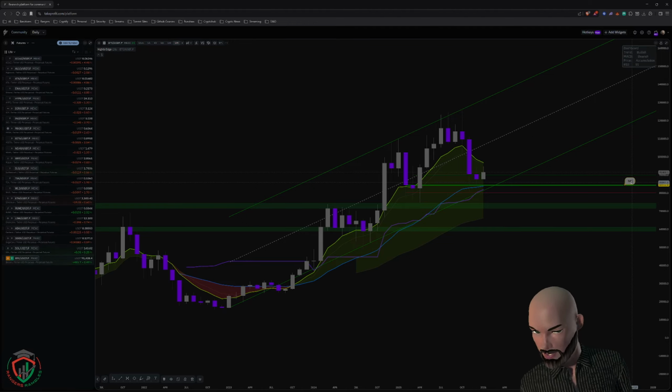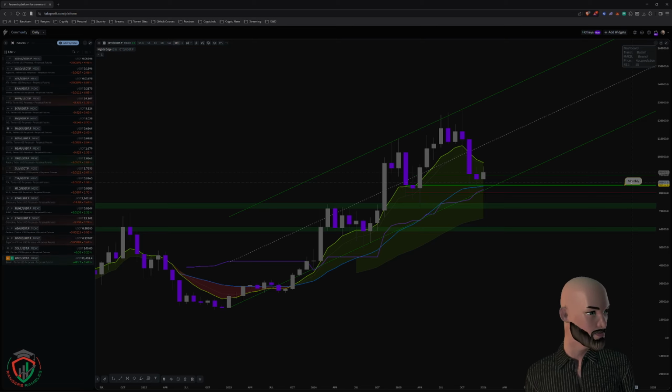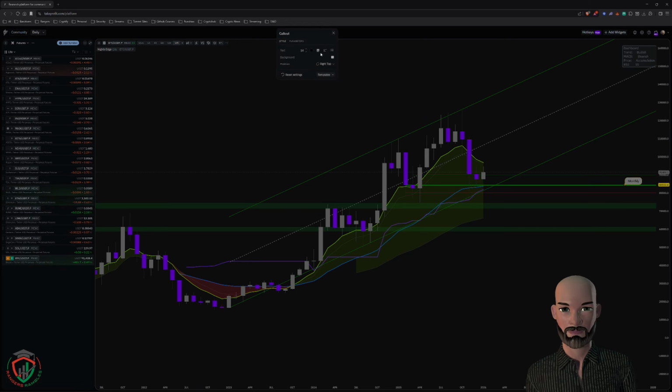So this would be monthly, because we want to identify this as a monthly level. Text 16. No. Make it italic, that's pretty cool. Don't need to underline it. Strike it through. Leave it black, I guess.